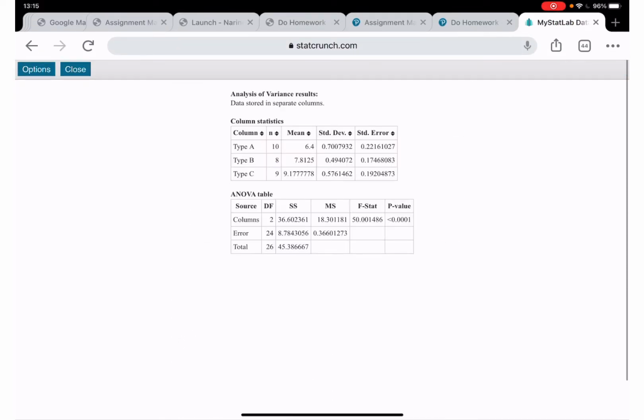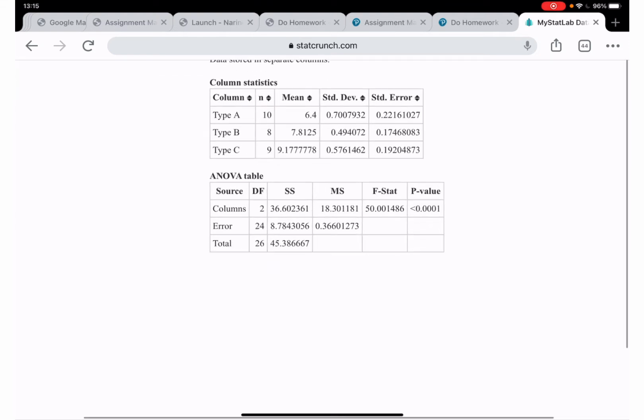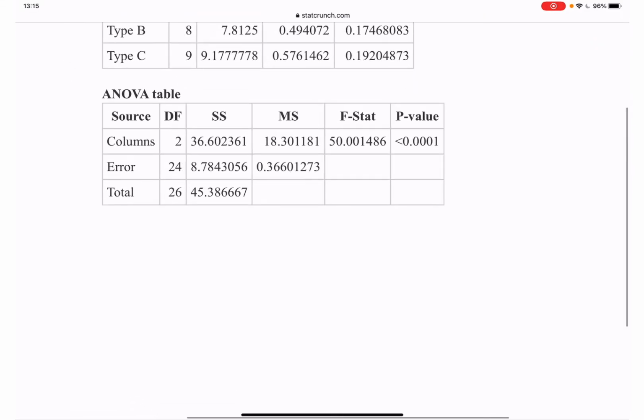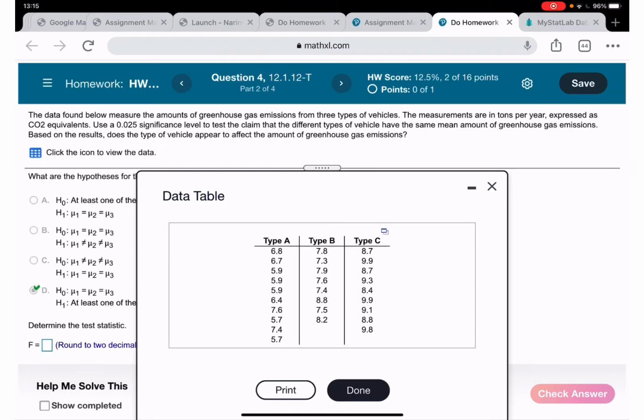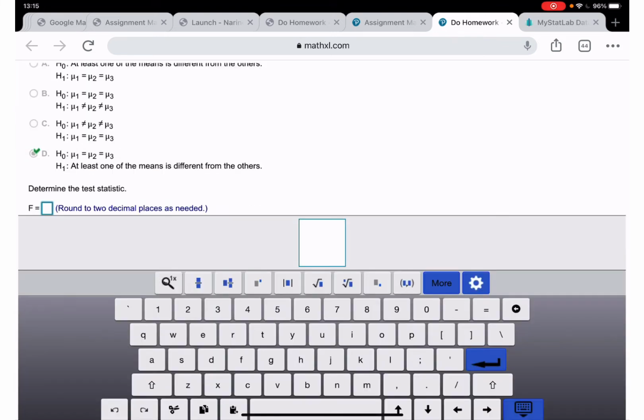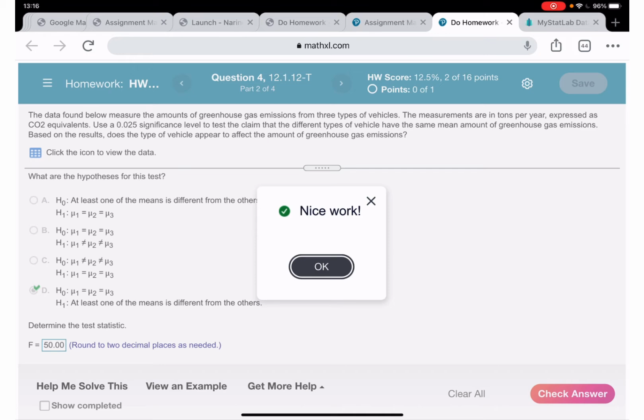Compute. There we go. We have our F stat is 50.00, here it is in ANOVA table, 2 decimals. Okay, nice work.